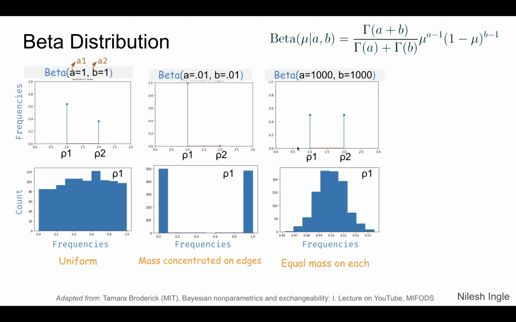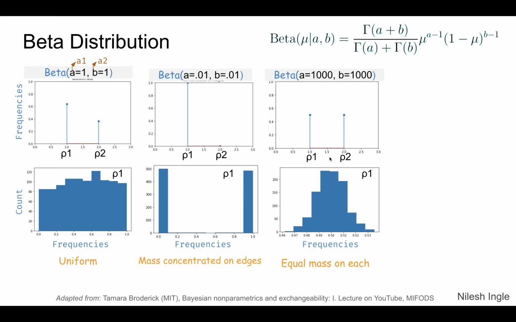Then on the flip side, if we increase the value of the hyperparameters, which are the input to the beta distribution, we see that the values of probability for row 1 and row 2 are pretty similar. So it's like equal weightage is given to both the clusters.